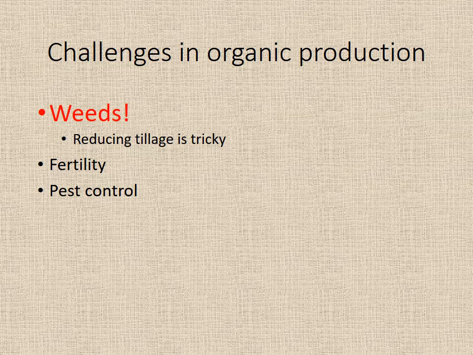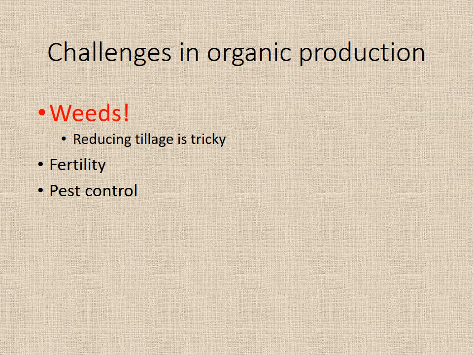Many organic farmers rely on a lot of what they call steel in the field, or tillage-based weed control. But organic farmers are also acutely aware of the soil health impacts of too much tillage. This is an active area of research in organic agriculture, and many farmers work hard to use cover crops, perennials in the rotation, and other practices that will reduce weed pressure and the need for tillage.